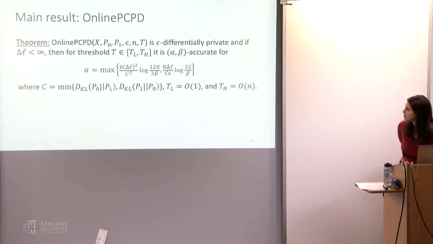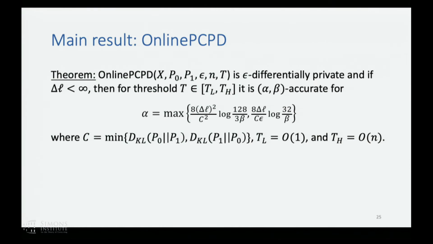All right, and so here's the main result in the online case. It's epsilon differentially private. Again, we're in the case where we assume delta L is bounded, and you have some smartly chosen threshold. Then it's alpha-beta accurate for this alpha. A few things to say before we interpret this.